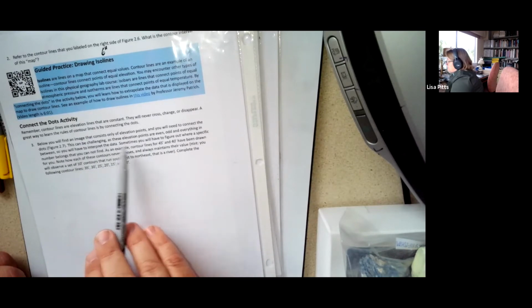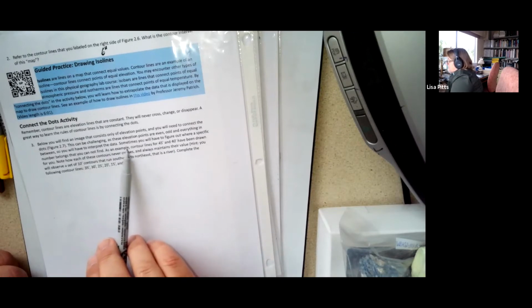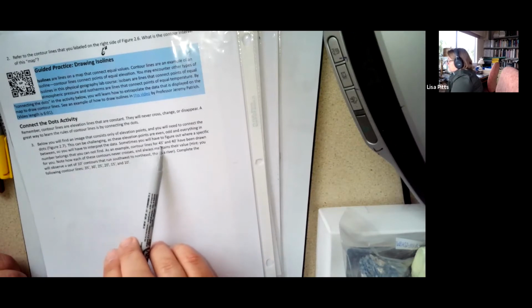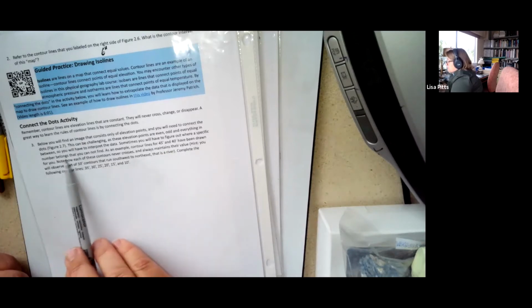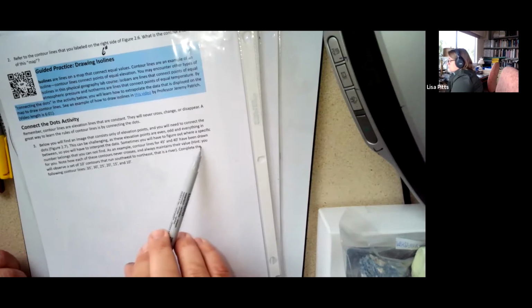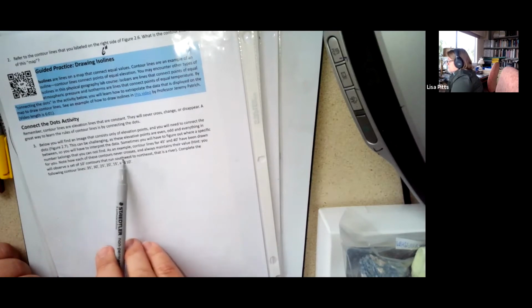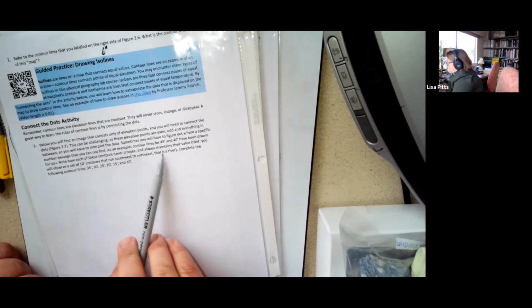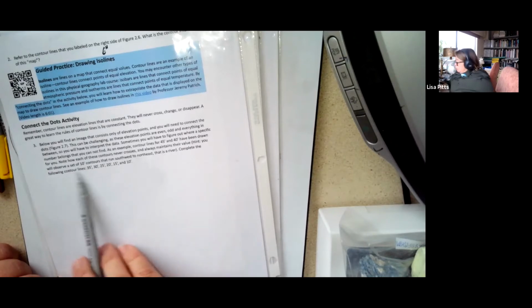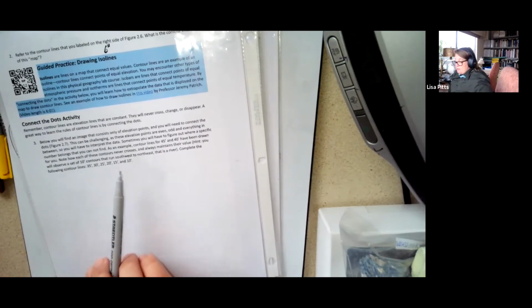Sometimes you have to figure out where a specific number belongs that you cannot find. As an example, contour lines for 45 and 40 have been drawn for you. Note how each of these contours never crosses and always maintains its value. Hint: you will observe a set of 10-foot contours that run southwest to northeast. That is a river. Complete the following contour lines for 35, 30, 25, 20, 15, and 10.